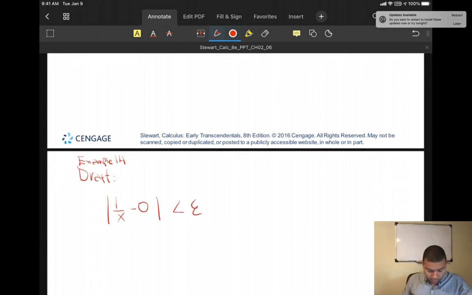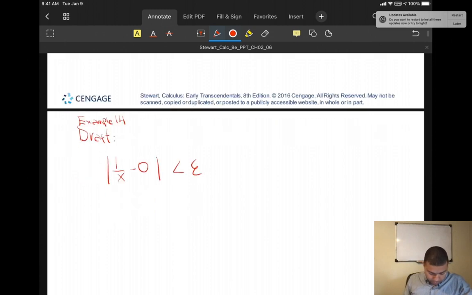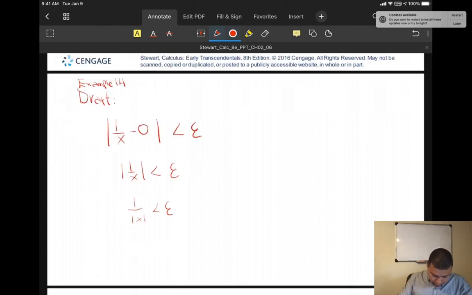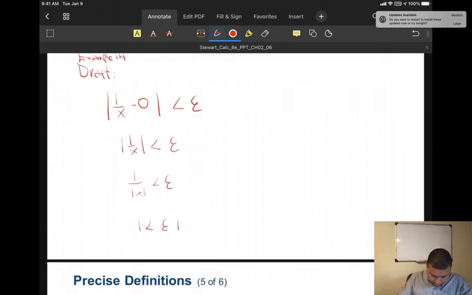That's what I want to do. So that means to say 1 over x in absolute value is less than epsilon. 1 over absolute value x is less than epsilon. I move absolute value over and I move epsilon over. Okay, so that's what I have.